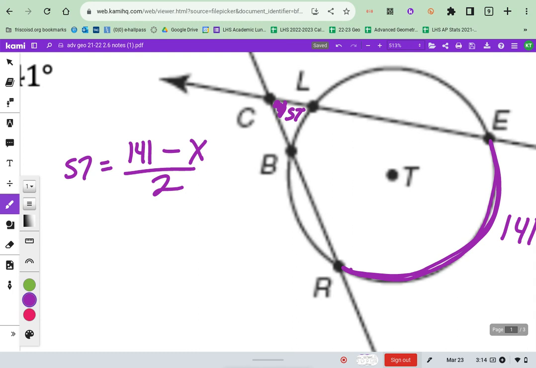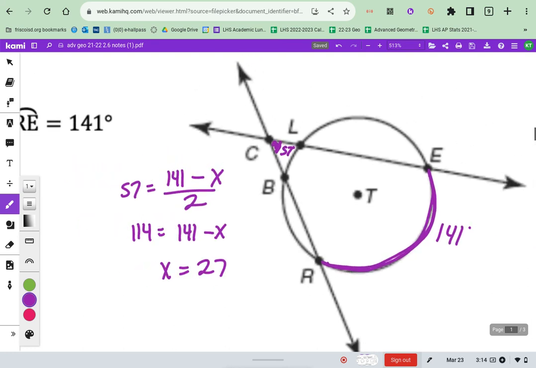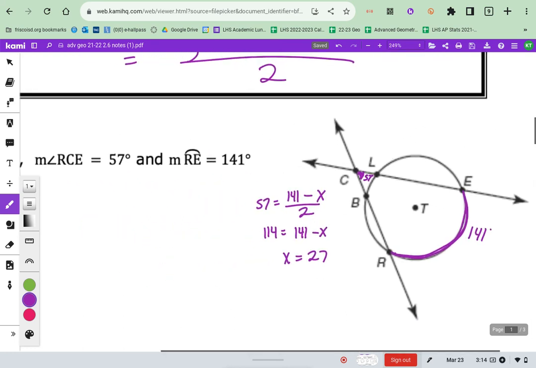So I'm going to multiply by 2 on both sides to get 114 equals 141 minus x. So I get x equals 27. Do you guys agree? Yes. Yeah. Great. Okay. So flip on over to the next page.